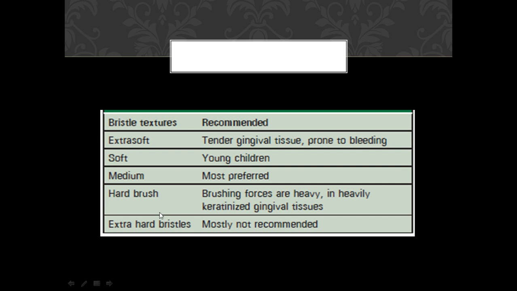And a hard brush is recommended only if heavily keratinized gingival tissues are there. Normally hard brushes are not recommended, and extra hard is mostly not recommended. I never saw extra soft or extra hard bristles actually.